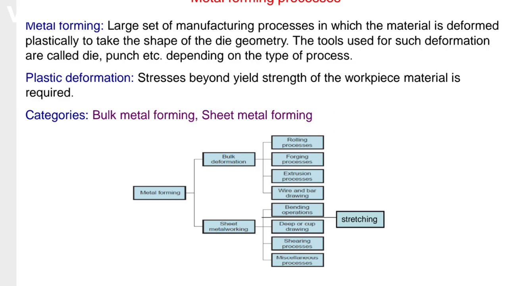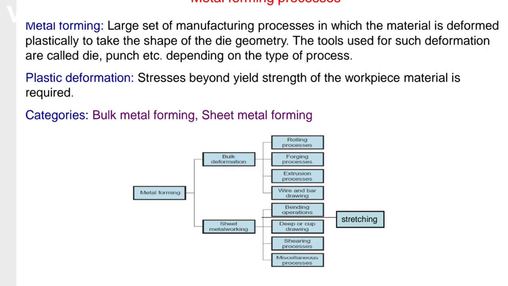Bulk deformation includes rolling processes, forging processes, extrusion processes, and wire and bar drawing. Sheet metal working includes bending operations, deep or cup drawing, shearing processes, and miscellaneous processes.